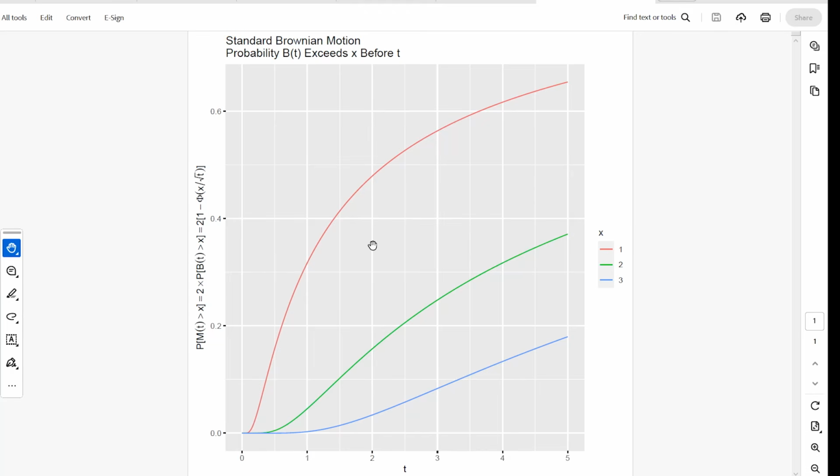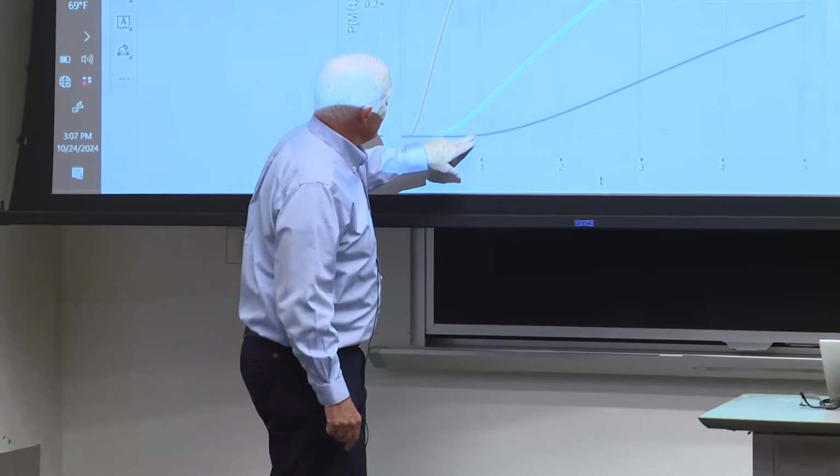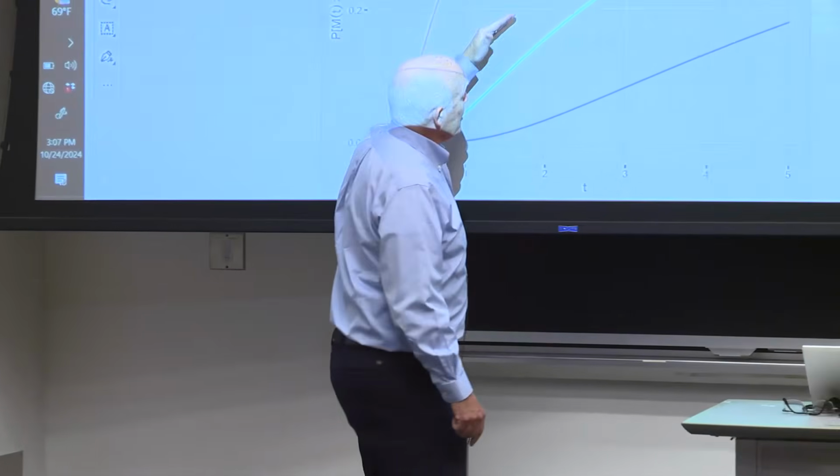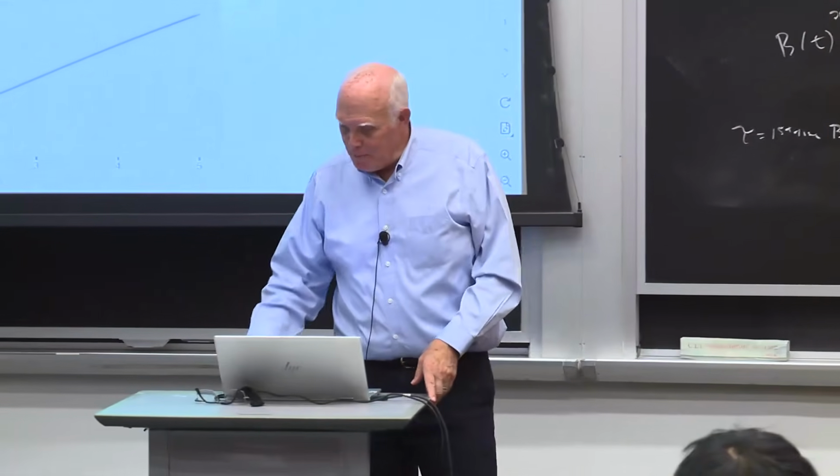If the maximum level is 3, the probability of exceeding 3 is much lower, and the probability of exceeding 2 is midway there.